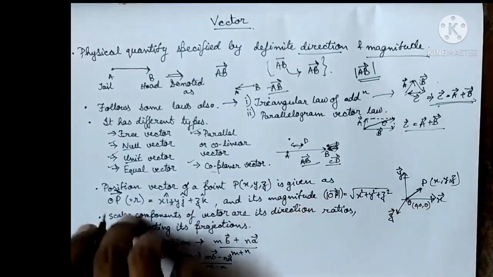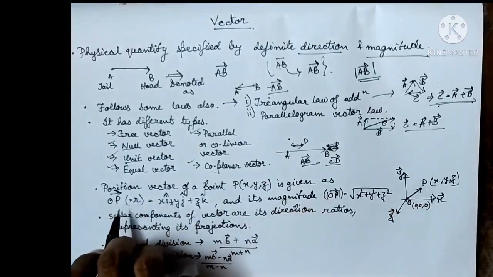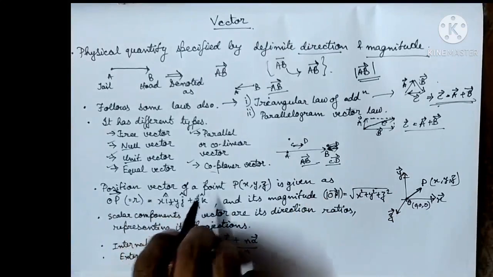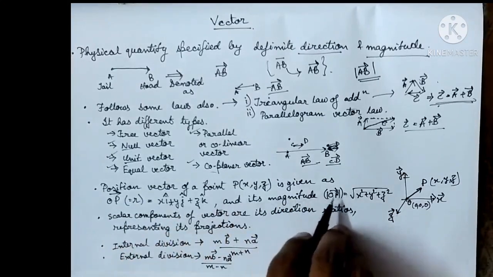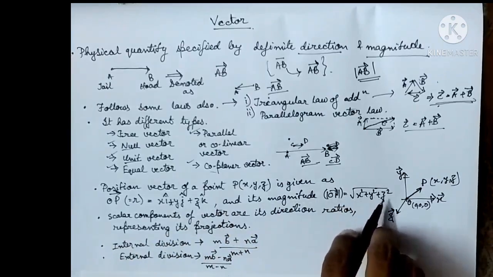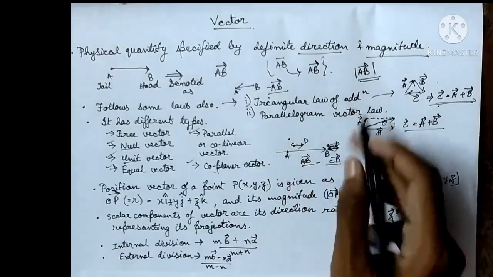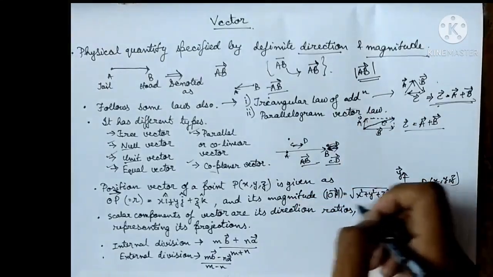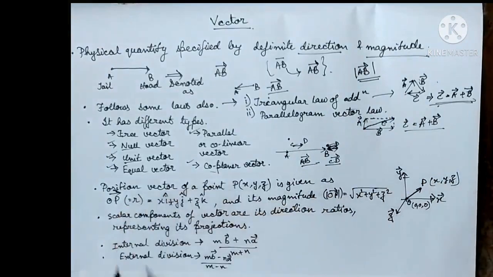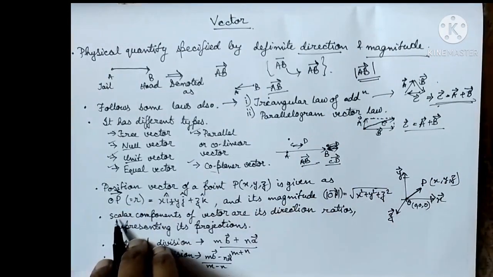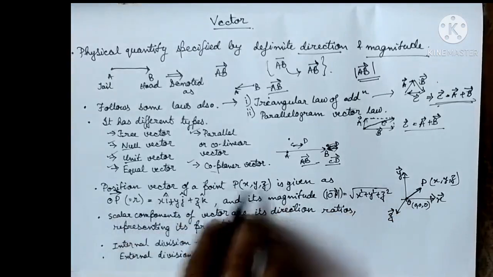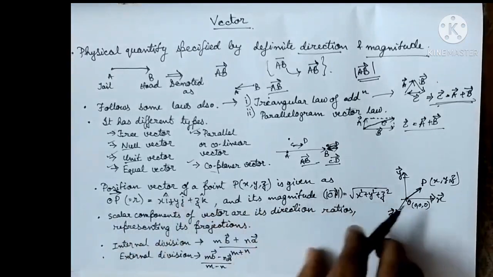So OP, as a vector, will give us the position vector xi cap plus yj cap plus zk cap, and its magnitude, mod OP, is equal to under root x square plus y square plus z square. So for any point P (x, y, z), we can find the position vector like this.